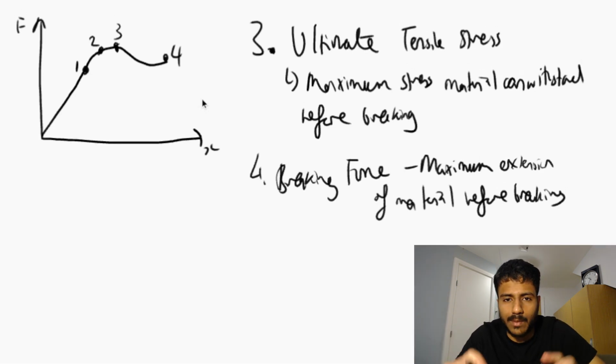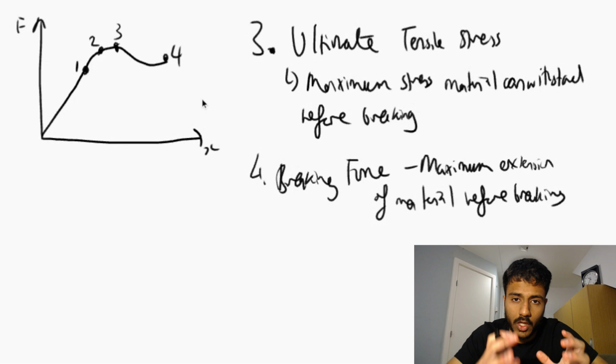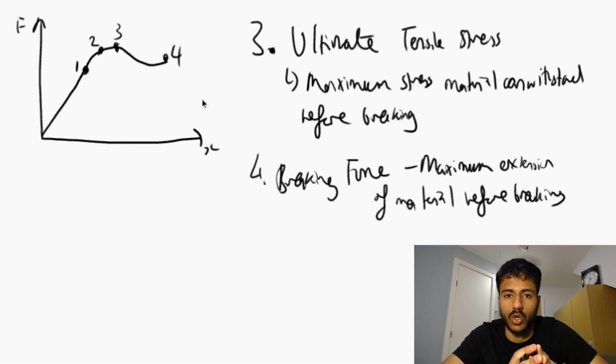Now we've talked about elastic behavior, which is the kind of behavior that this material exhibits up to point number two, which is your elastic limit. After point number two, the material exhibits plastic behavior.